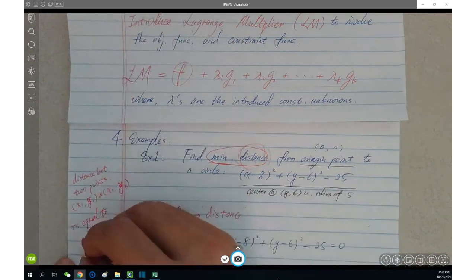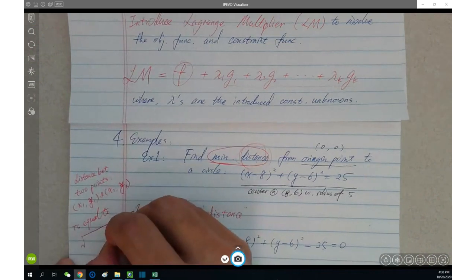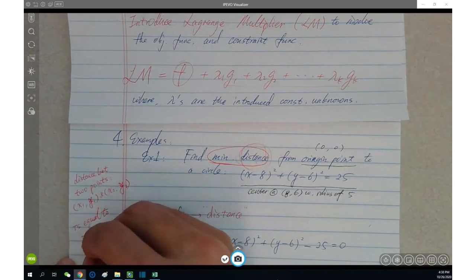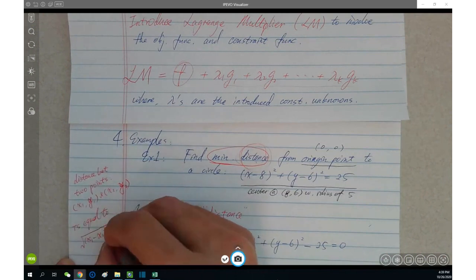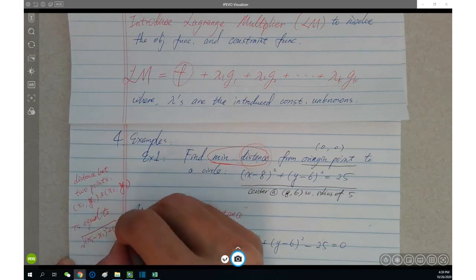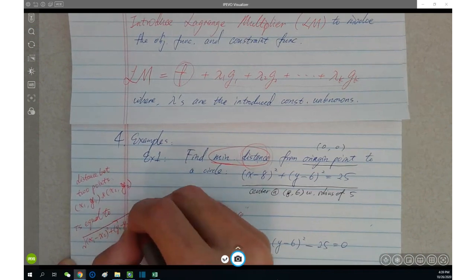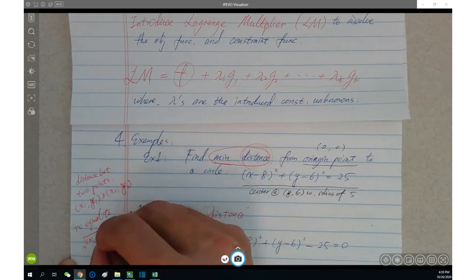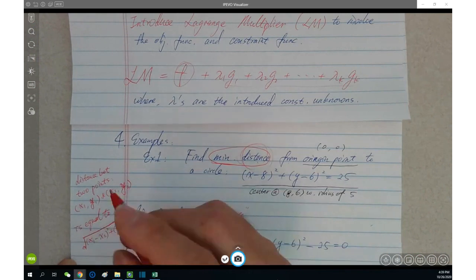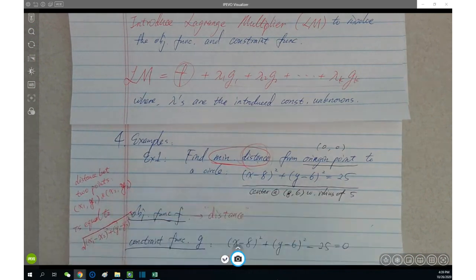Sawyer was right. (x1 minus x2) squared plus (y1 minus y2) squared, and then square root of the total thing. Does it make sense?